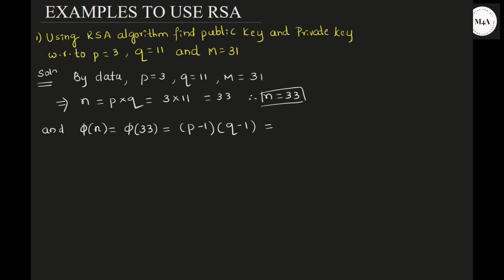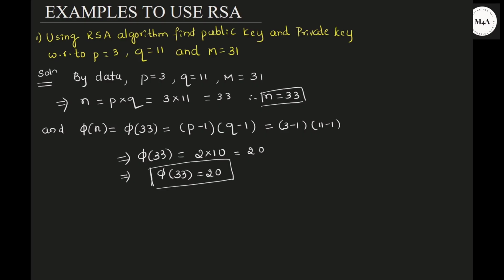P is 3, so 3 minus 1 is 2. If you want, I will write one more step, 11 minus 1. So phi of 33 is equal to 2 into 10, that is 20. Okay, we have got phi of 33 as 20.